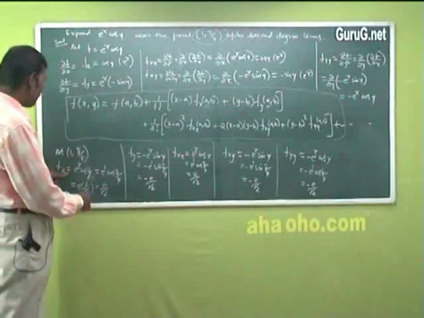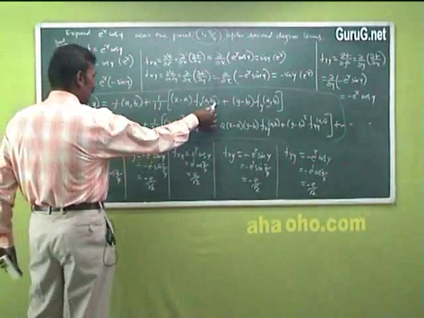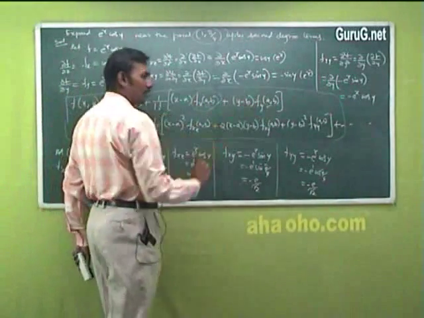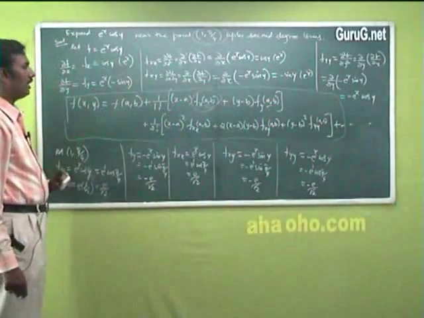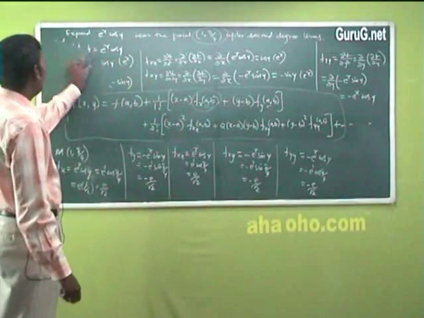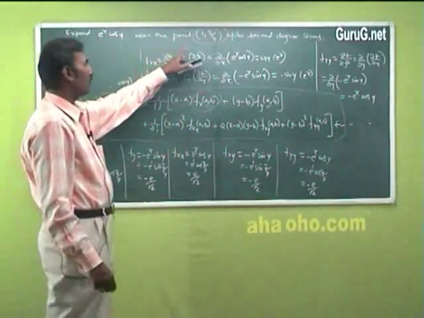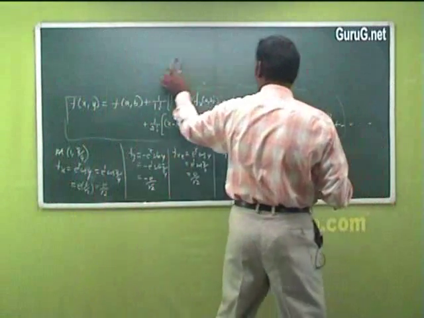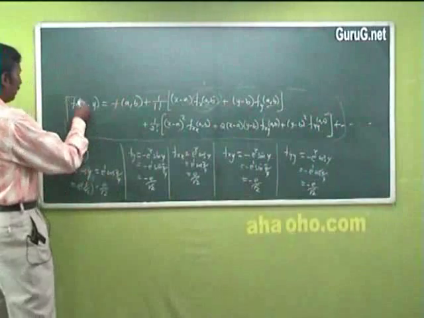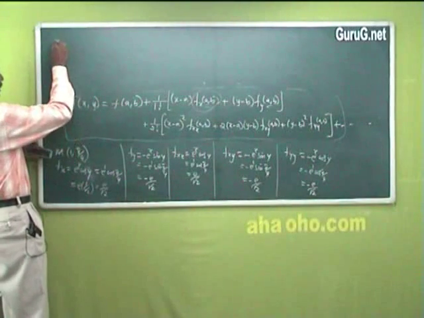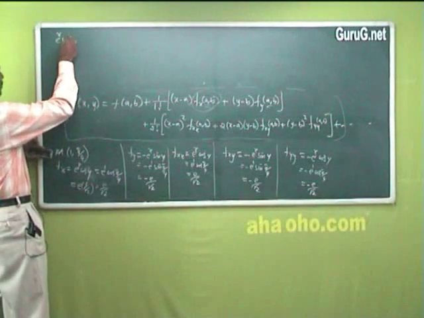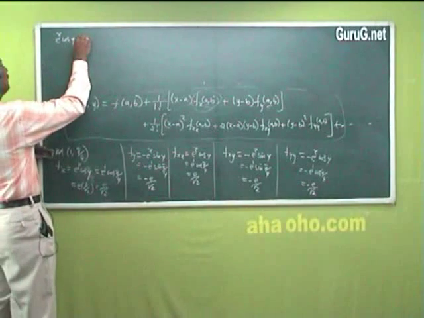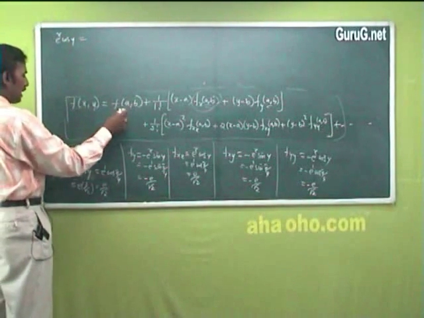You substitute these values in this Taylor series, right? Now you write down this formula, and near the point 1 comma pi by 4, you take this as a and this as b. So after writing the formula, f of x y is e power x cos y equal to f of a comma b.